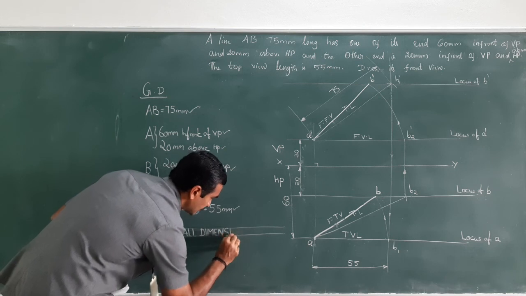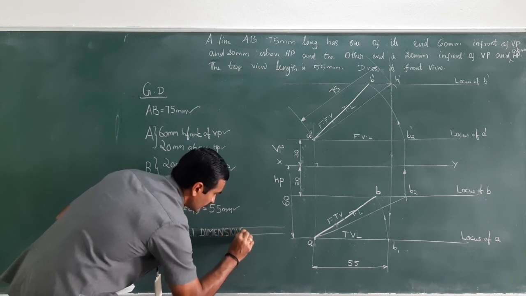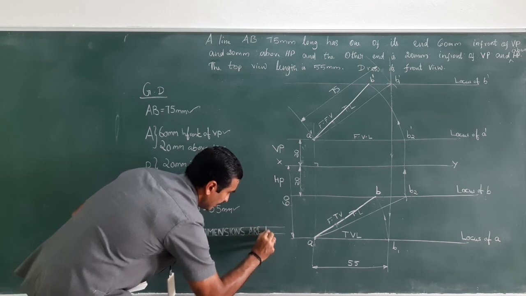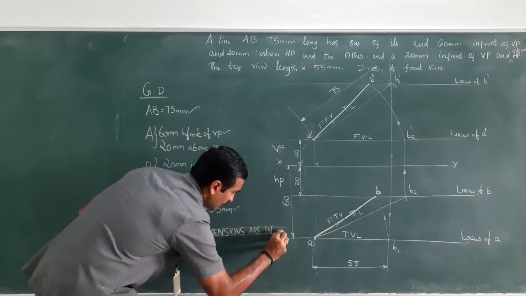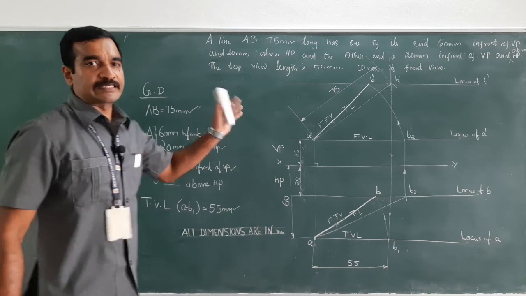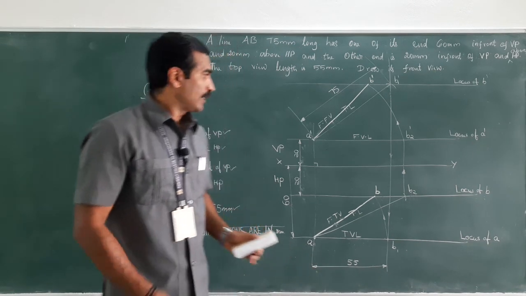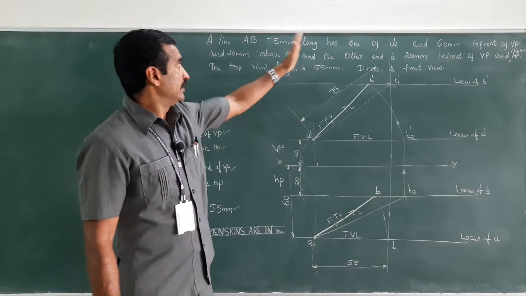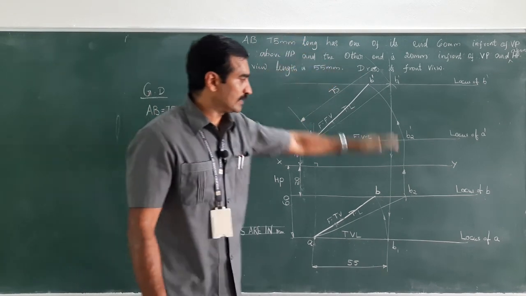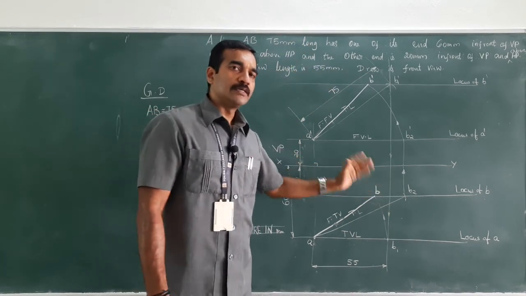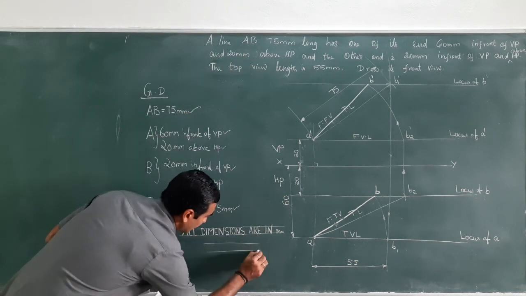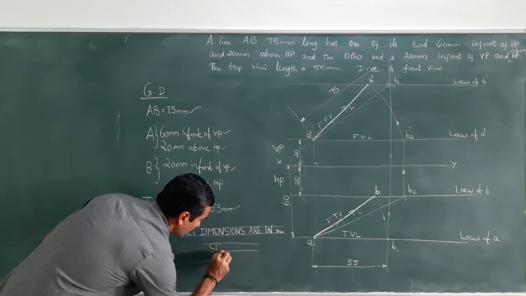So, all dimensions are in mm. Then what about the scale? Since I have used the actual dimensions, whatever was given, the same thing I just used here. Therefore, it is a true scale. The actual scale has been considered, therefore, it is a true scale.